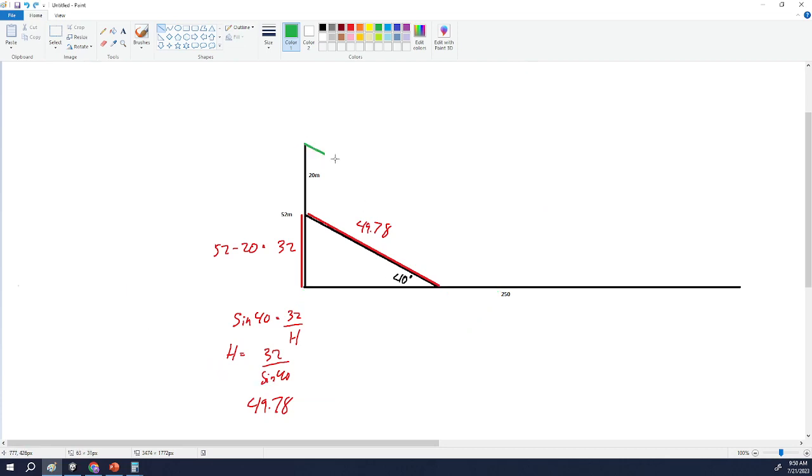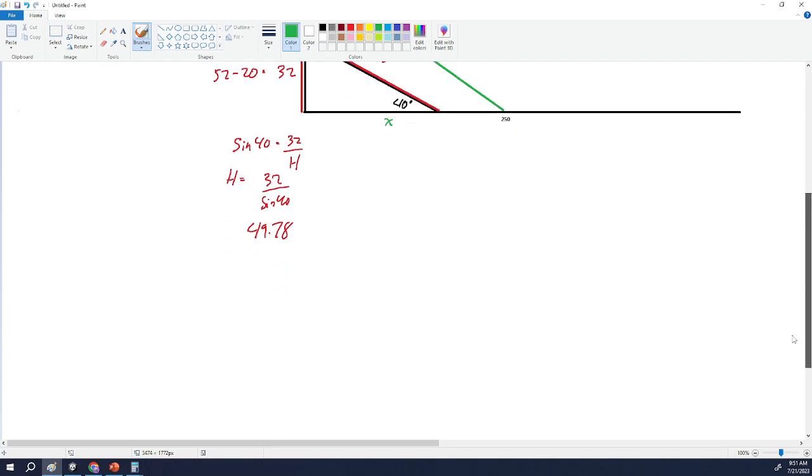You recall this is 75. We are looking for this one. 75 squared is equal to 52 squared plus x squared.